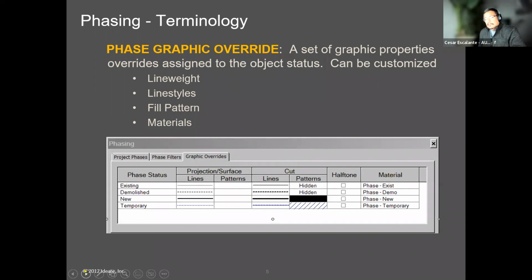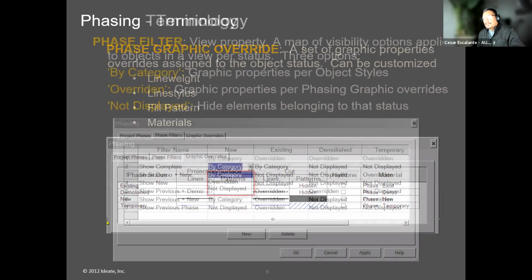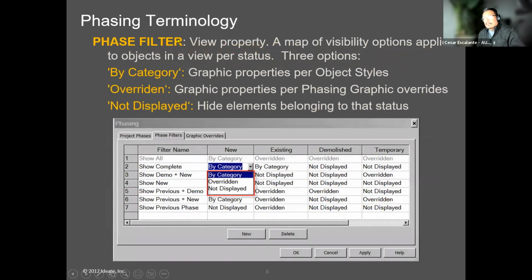And then to make it view specific, to kick these graphic overrides in a view, we use something called a phase filter. And a phase filter is a property of the view, and it's a map of visibility options applied to objects according to their status.